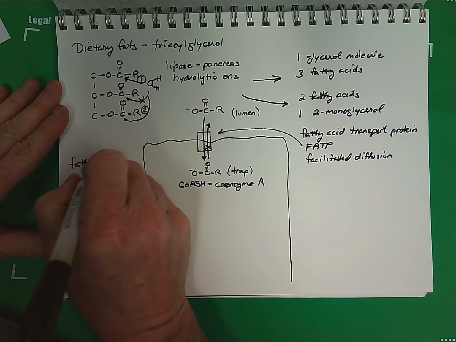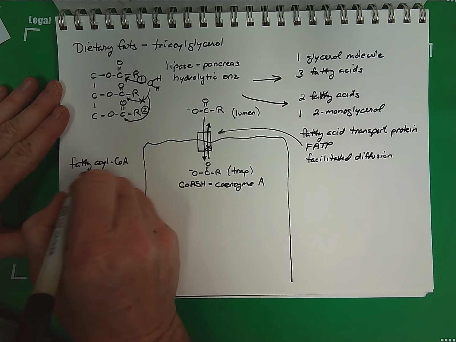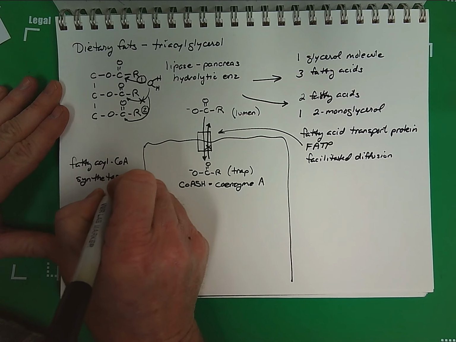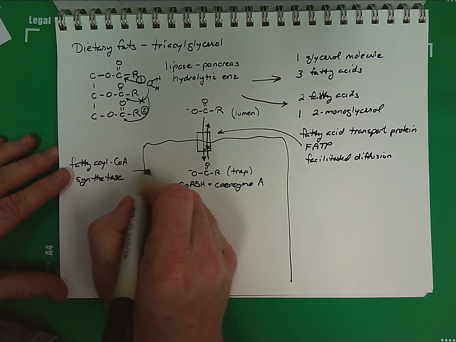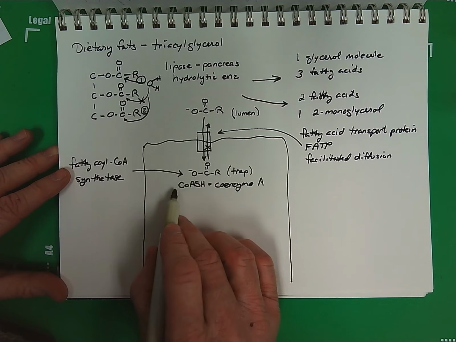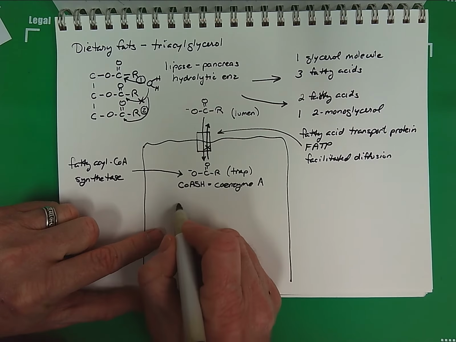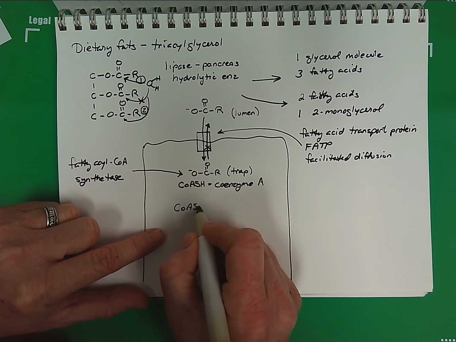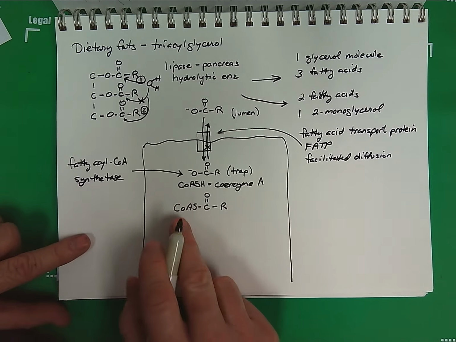So for example, we have an enzyme called fatty acyl-CoA synthetase. What this enzyme does is it takes the fatty acid transported by FATP, takes the coenzyme A, and couples these together, in this fashion.